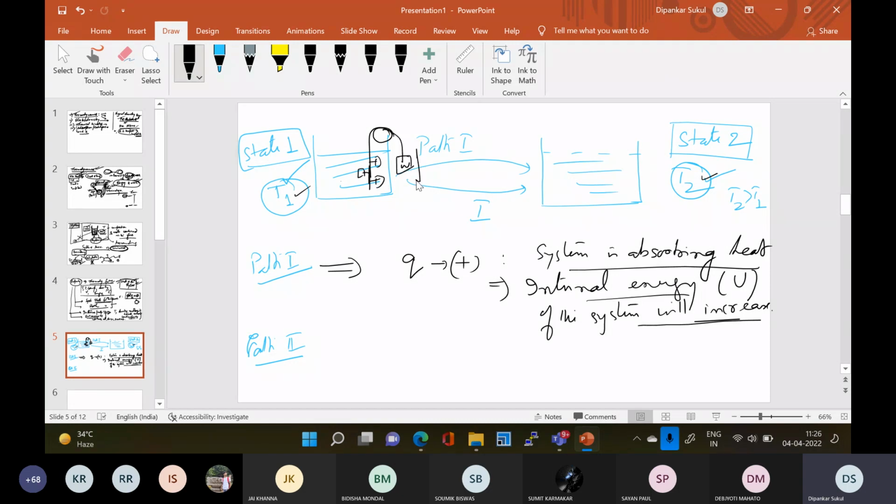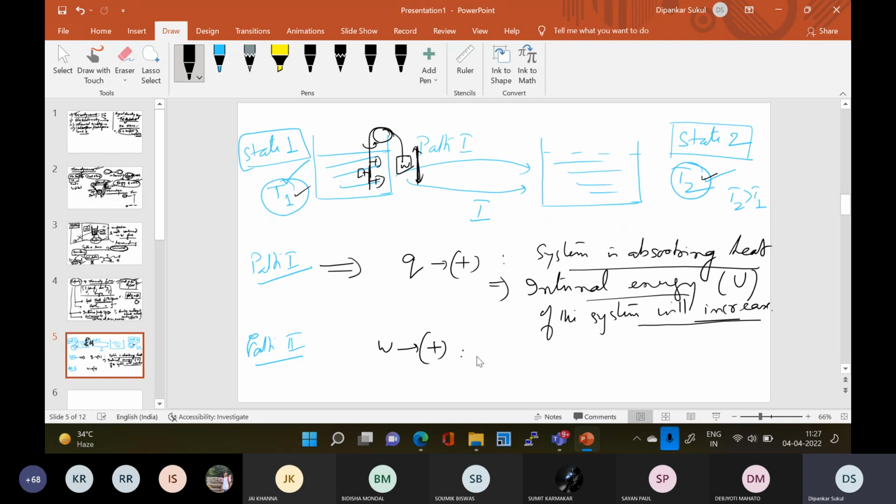With up and down of this weight, this wheel will rotate. That is mechanical stirring. Simply you can consider it as a mechanical stirrer kind of thing. The weight is coming down and going up, and as a result, this stirrer will rotate. That means you are doing some mechanical work. W is positive.